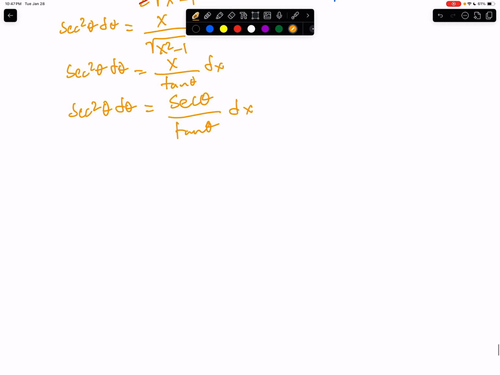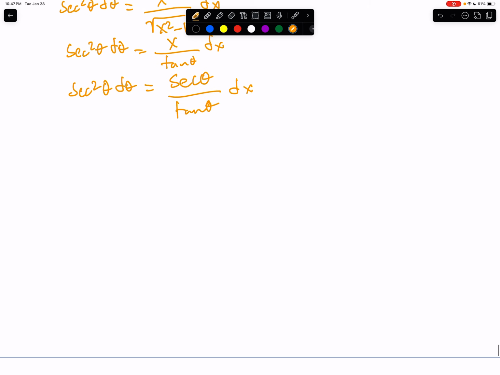So now, if we want to isolate our dx, did I do this right? We'll have secant of theta times tangent of theta d theta equals dx. Right, I think I did that correctly.